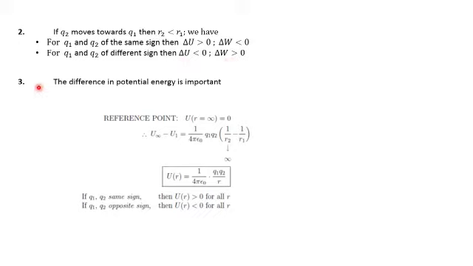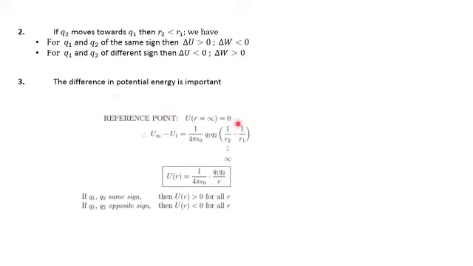The third point is that it is the difference in potential energy which is important, because whenever we measure potential energy, we always measure the difference in potential energy. And usually in potential energy calculation we set a reference point, which is usually at infinity, where the potential energy is 0.